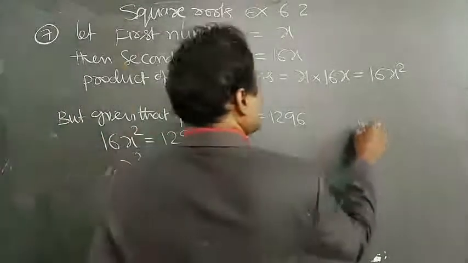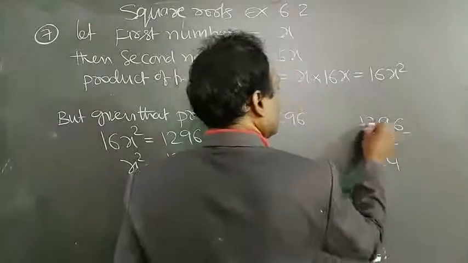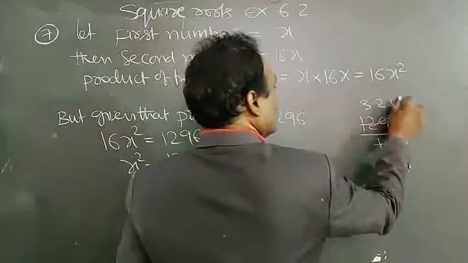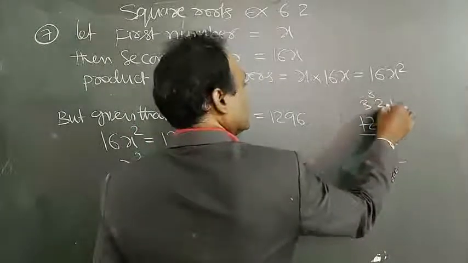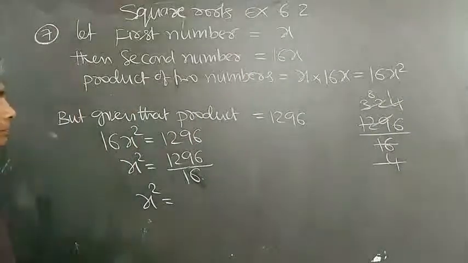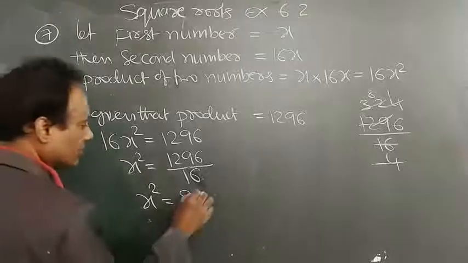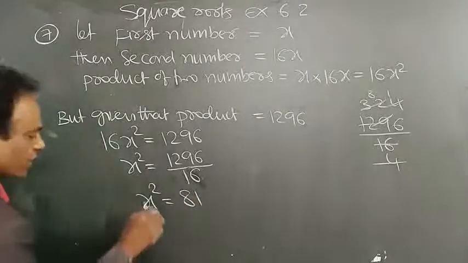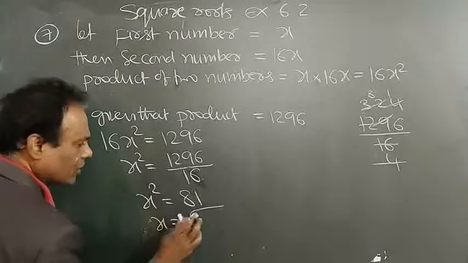I will do the division here. 16 8s are 128, and 1296 by 16 gives 81. So x square is 81. If you remove the square, you will get root on the right side.